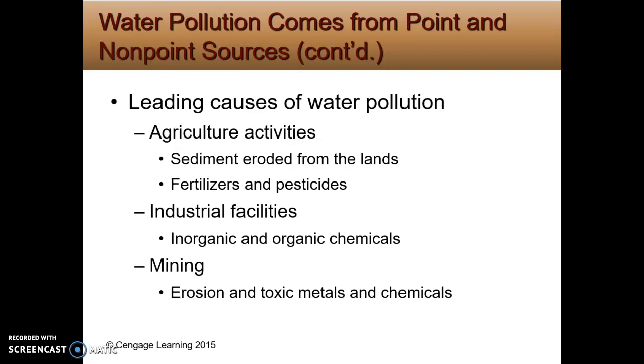And then mining. Mining is a major operation, and there's a lot of waste, both from rock material and also the tailings, which we'll be getting into, that contain toxic metals. They also use a lot of acids to extract those metals, so you have acid waste as well.